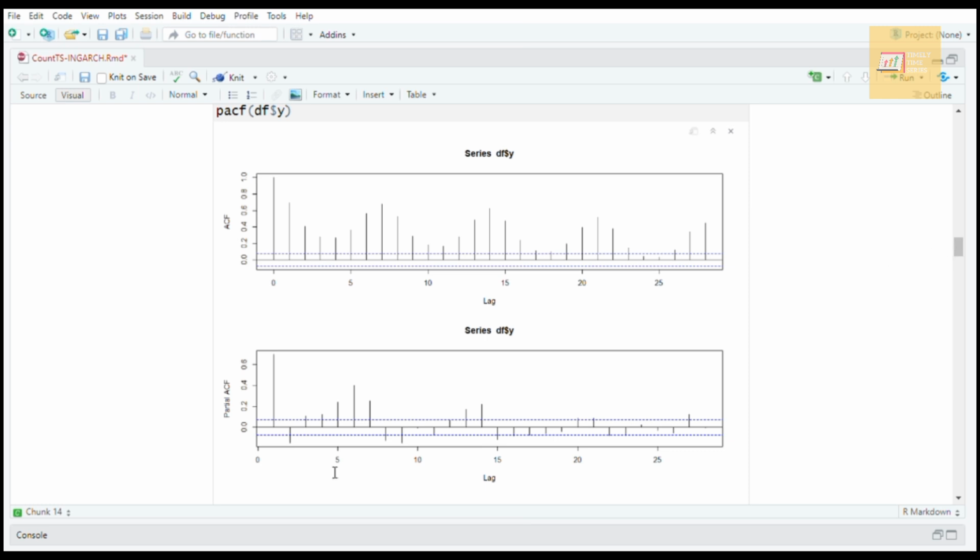In classical modeling, the order for autoregressive can be determined by looking at the partial autocorrelation plot, which is the bottom plot here. And here we can see that the highest PACF is on lag 1, and then the second highest is on lag 6.